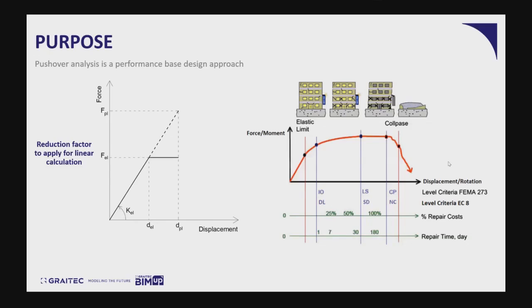However, in most cases when we have seismic action on the structure, we have nonlinear material behavior, we have plastic hinges occurring in the structure. So, in order to be able to do this in a simple way in classical analysis, we take into account this plastic nonlinear behavior by applying a simple reduction factor on the load applied on the structure.